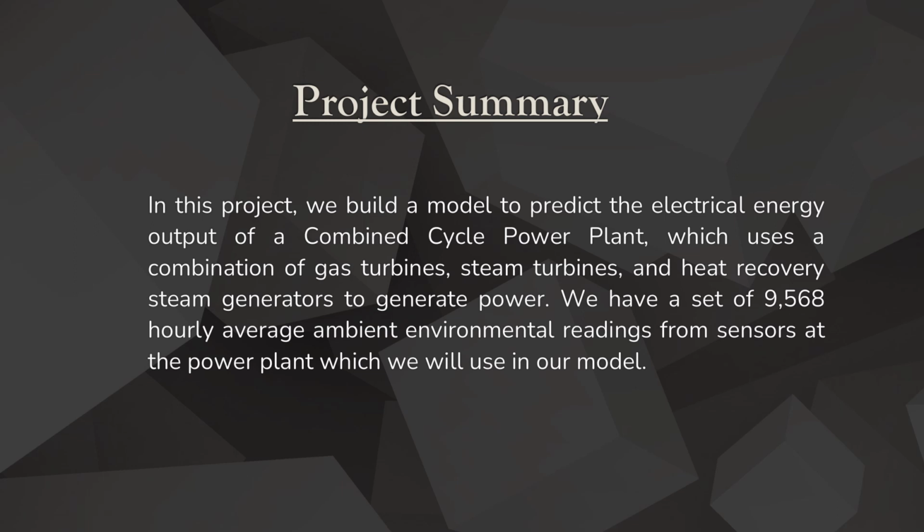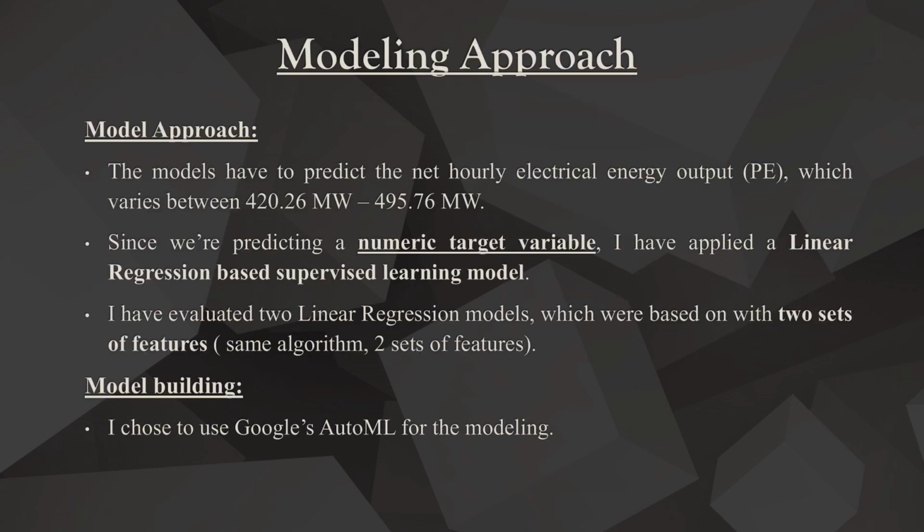We have a set of 9,568 hourly average ambient environmental readings from sensors at the power plant, which we will use in our model. Since we are predicting a numeric target variable, I have applied a linear regression based supervised learning model.